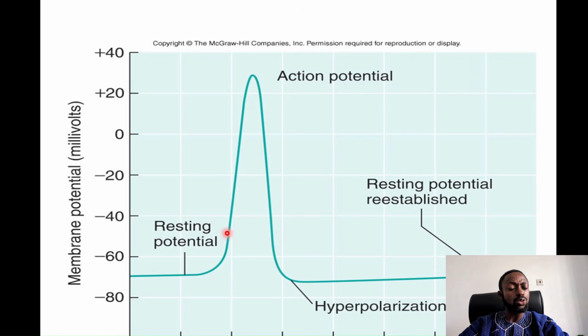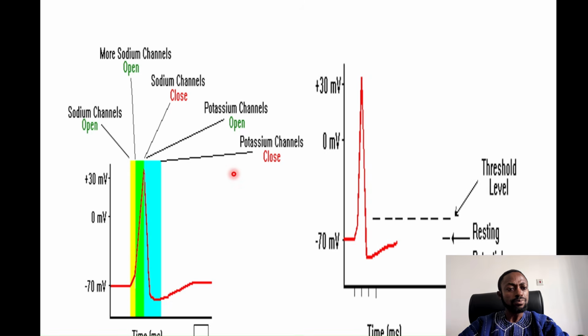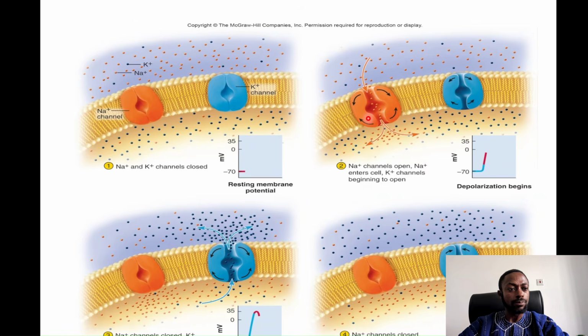As long as voltage-gated sodium ion channels are open, there will be an ascent in the membrane potential, driving the cell more positive. From this stage up until this stage, that is what we call depolarization. Now, if you look at this diagram, this is a cycle that continues to go on. There will be depolarization as long as voltage-gated sodium ion channels are open.